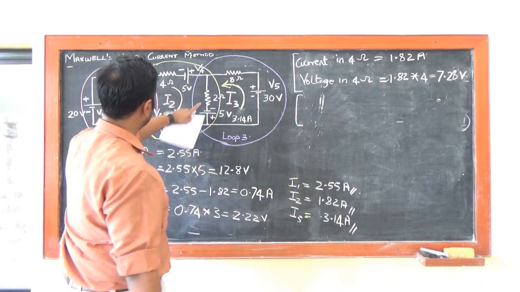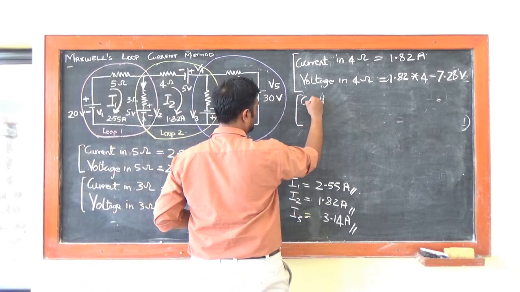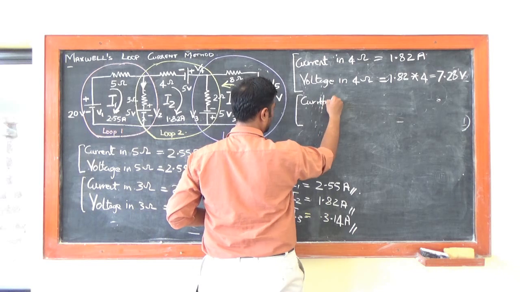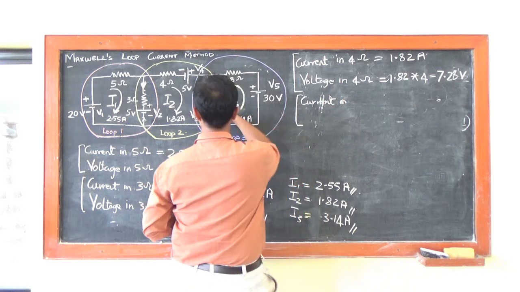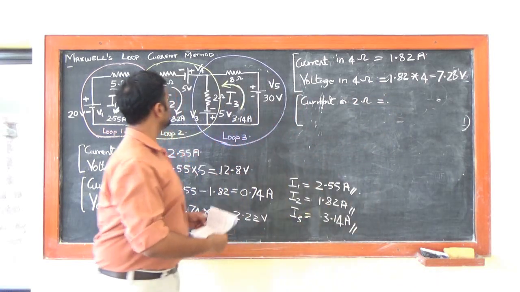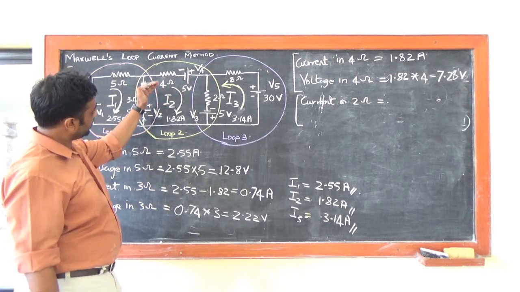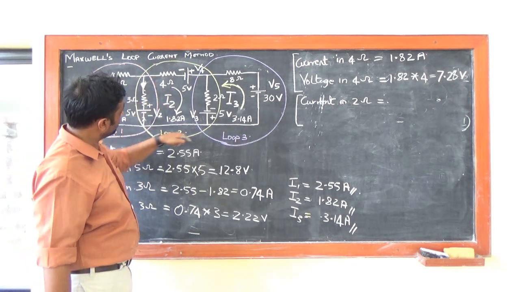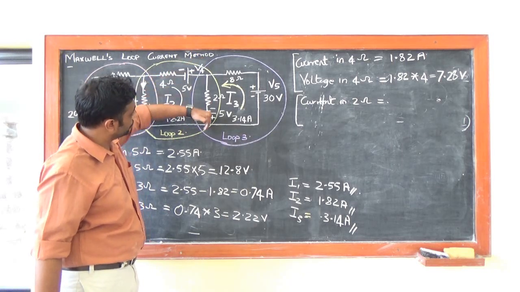Now again, we have to find it for this resistor. So we have the current in the 2 ohms resistor. As we see the direction of I2, I2 is moving in the clockwise direction, so I2 is moving from top to down.